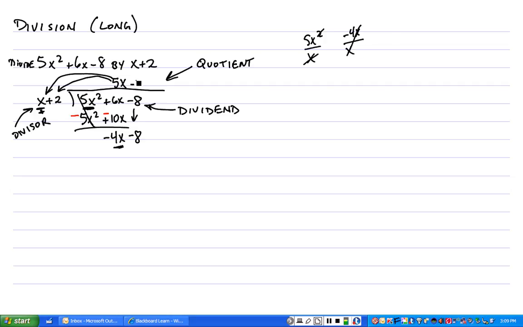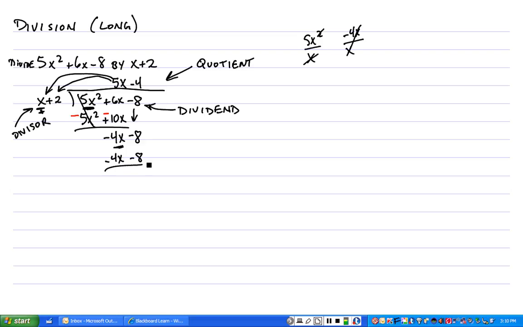Negative 4 is a constant because it doesn't have a variable attached to it, so I write it over my constant term, the minus 8. All my constants are lined up, all my x's are lined up, x squared is lined up. Now my negative 4 gets multiplied by my x, gives me a negative 4x. Negative 4 times my 2 gives me a negative 8.